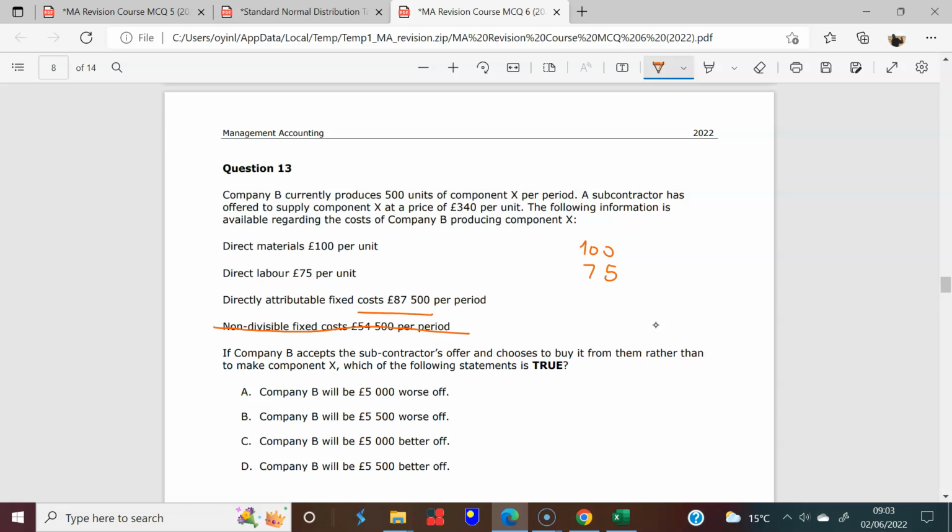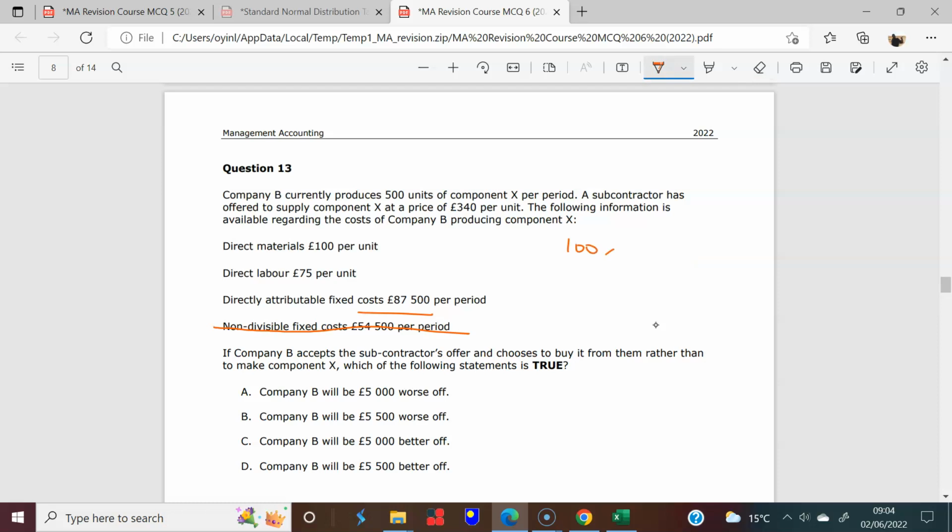So you can find, or should we just do the totals? Yeah, let's do the totals. That's better that way. So that's 175. I'll multiply that by 500. Actually, let's just do it like this so we're very clear.